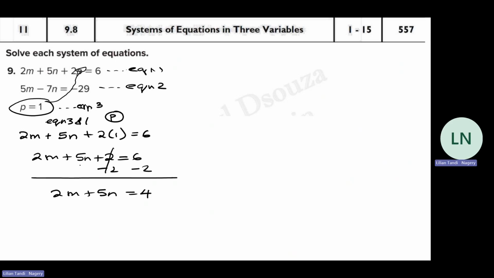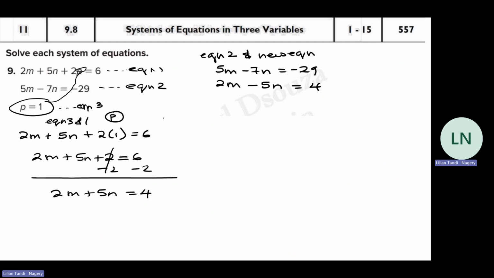Okay. So then you're going to use equation 2 and the new equation. So you're going to have 5m minus 7n equals negative 29, and 2m minus 5n equals 4.